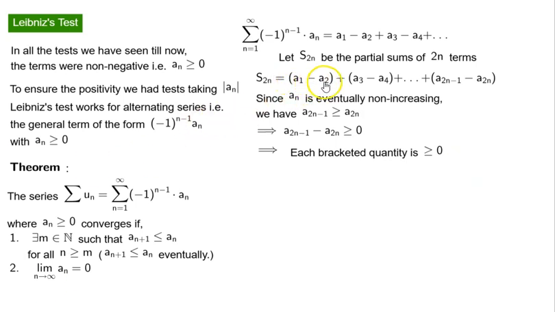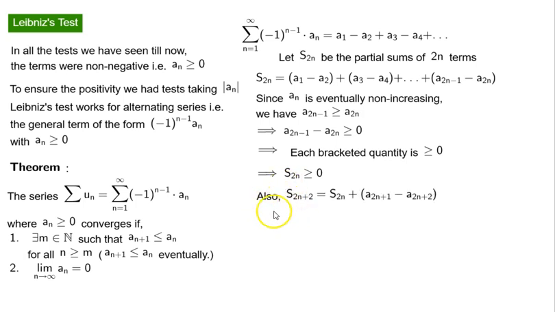So here a1 is greater than a2, a3 is greater than a4, a sub 2n minus 1 is greater than a sub 2n. Which means these quantities are all greater than or equal to 0, which implies that the partial sum S sub 2n is greater than or equal to 0.